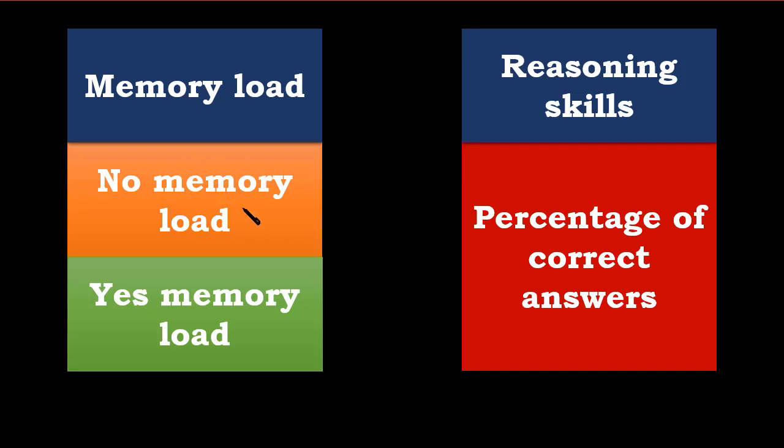So another example of that, let's say that we are measuring the effect of memory load on reasoning skills. And we've got a group of participants that doesn't have any memory load in the reasoning task that they have to perform, and another group of participants that does have memory load. Now, these two groups are not unrelated, like in the independent samples t-test.